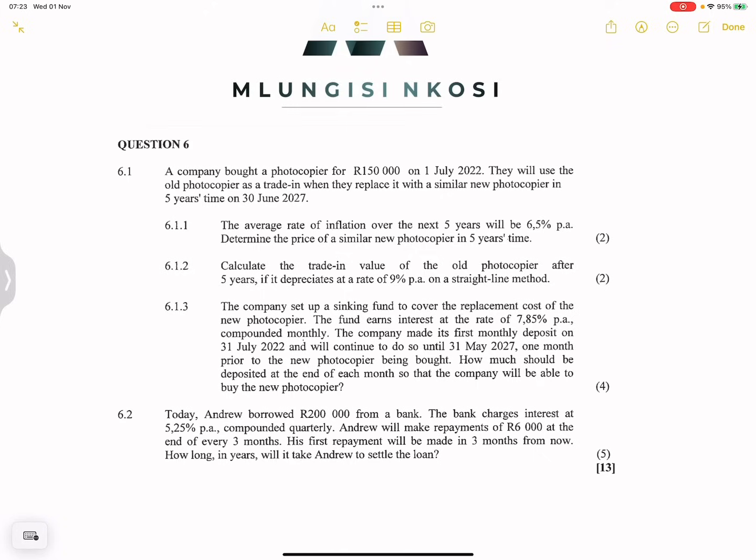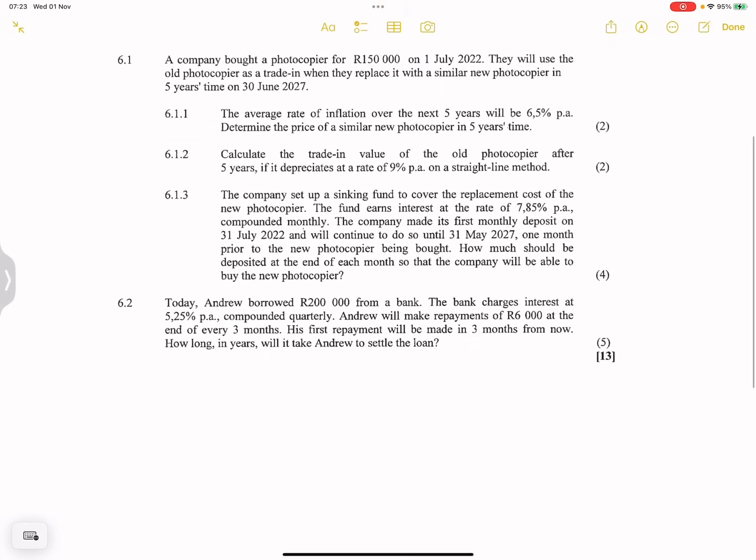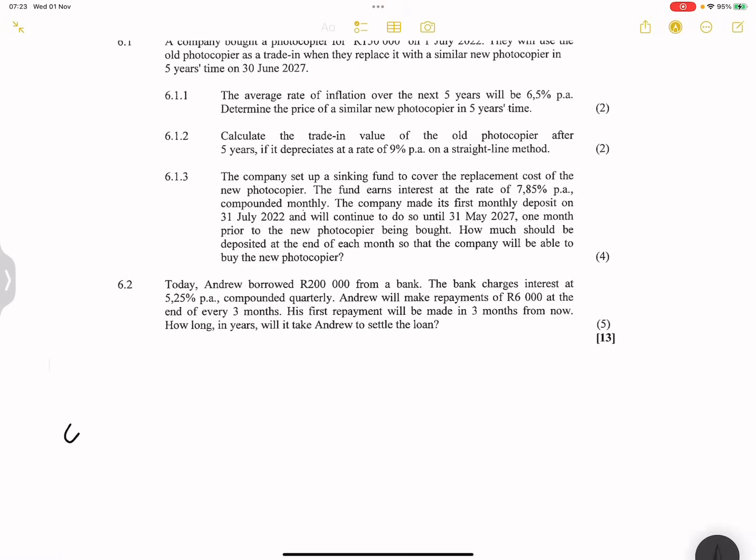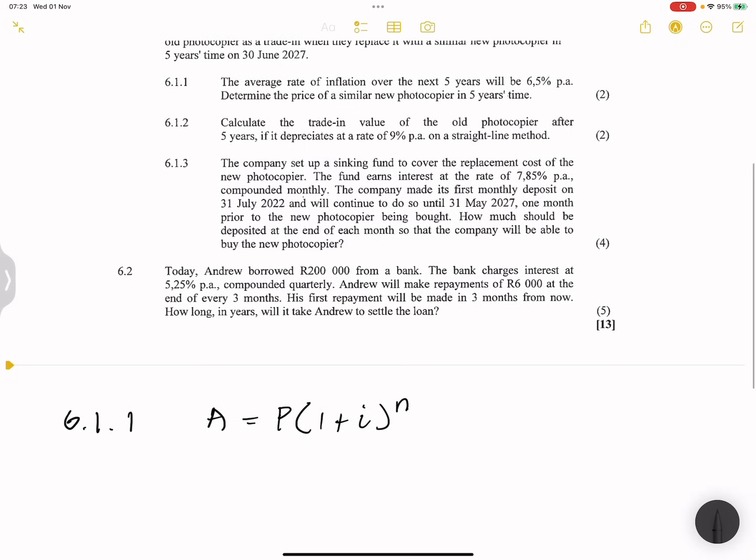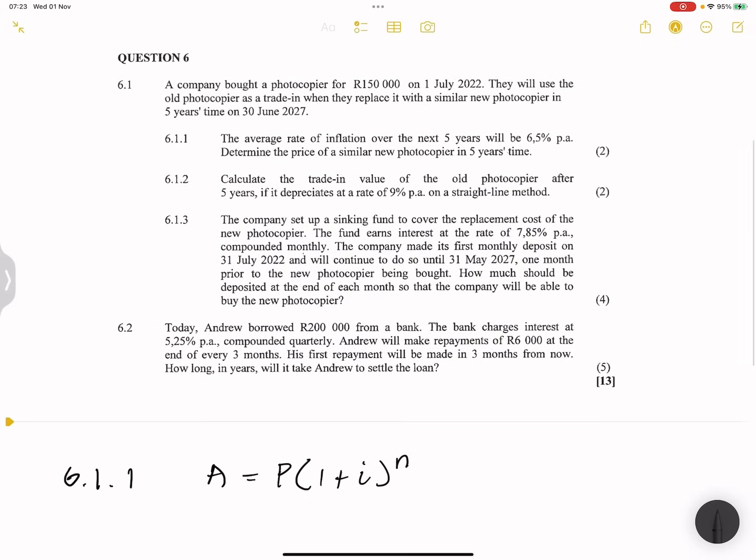Now, when we look at inflation, we remember that we are always going to use our formula A = P(1 + i)^n. Of course, the accumulated amount in this case would be whatever the value will be in the future.